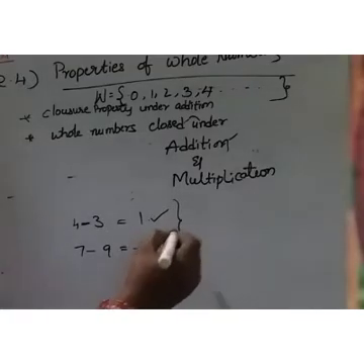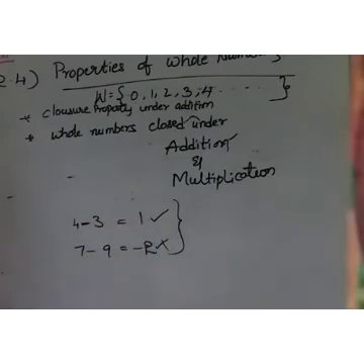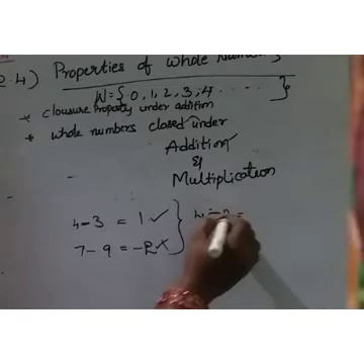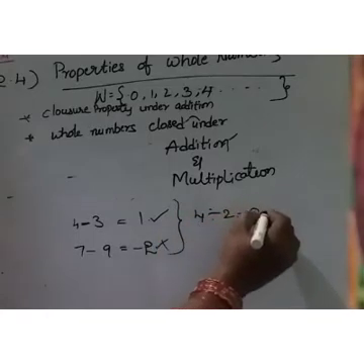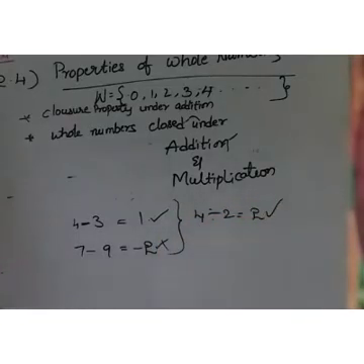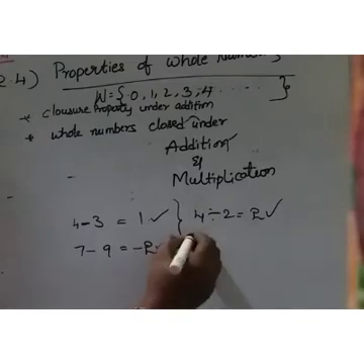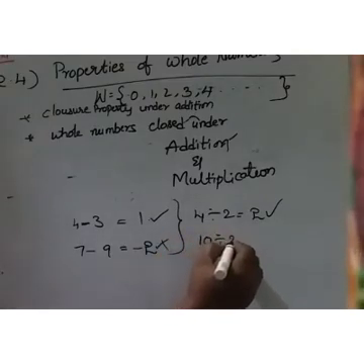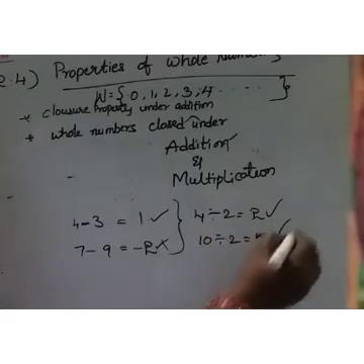Next, division. Suppose 4 divided by 2. We get 2, and 2 is there in whole numbers. Next, 10 divided by 2 is 5, and 5 is also there.